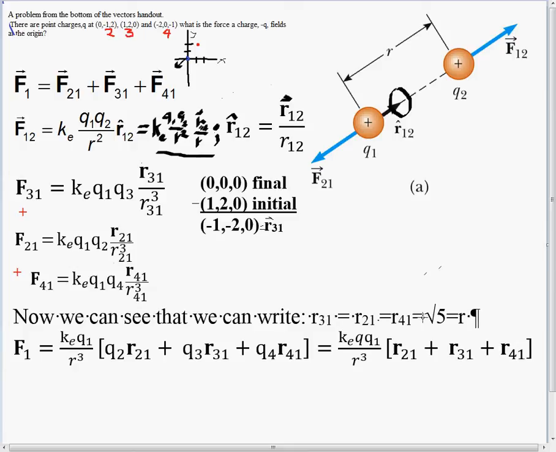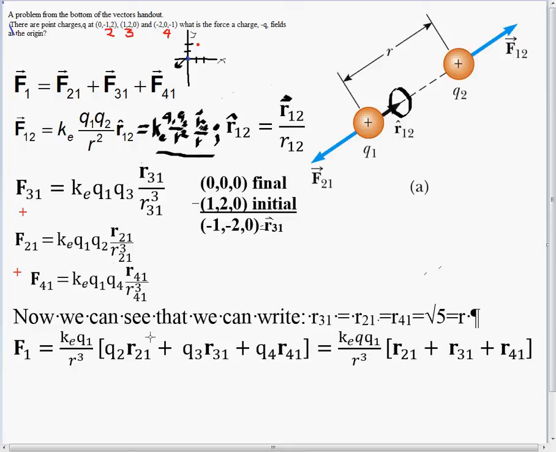They're all equal to the square root of 5, and we can just call that distance R. That means that if we sum all of these up here, we can get that the force on 1 is equal to K electric Q1 over R cubed times this quantity, which involves the product of one of the charges and the vector that takes its influence to the point at the origin.